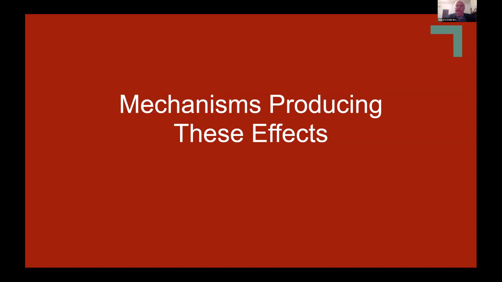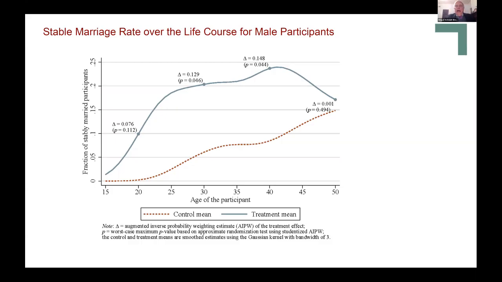You're engaging the child. The children of the original children were not enrolled in any particular program. They only had their parents. But what happens, you can see, among the participants, primarily the male participants, is that the treatment group was much more likely to be married than the control group.